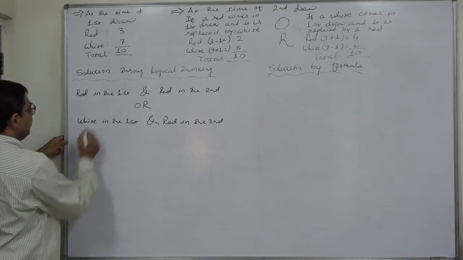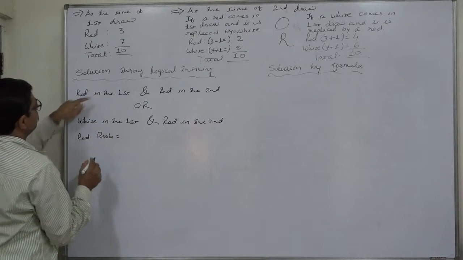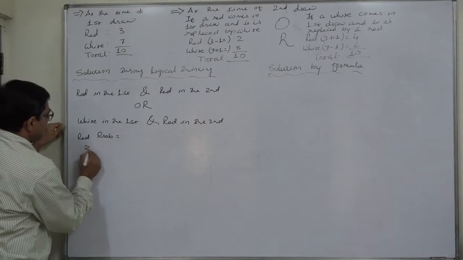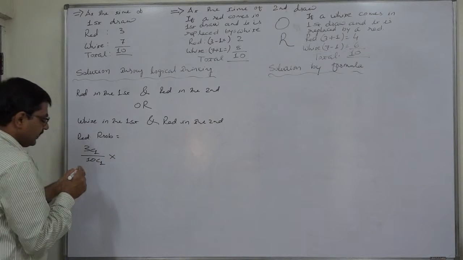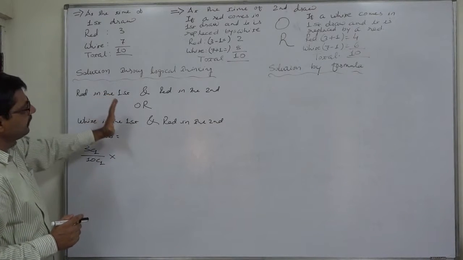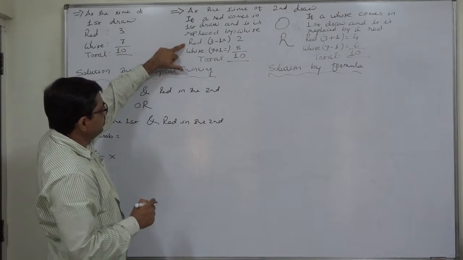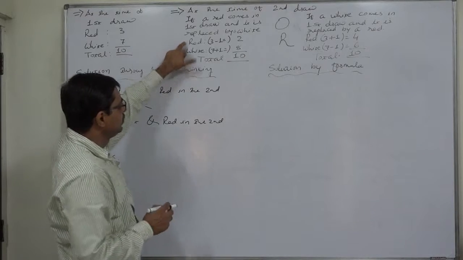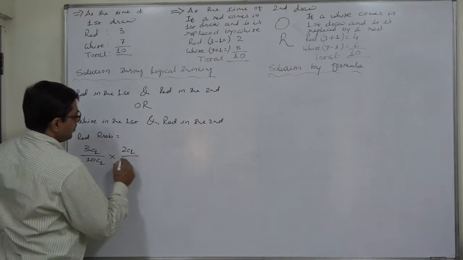Red ball in the first draw. It is 3C1 upon 10C1. And now we have drawn red ball in the first draw, so it will be replaced by the white. So red ball in the second draw can be selected out of this situation only, where favorable case is 2C1 upon 10C1.